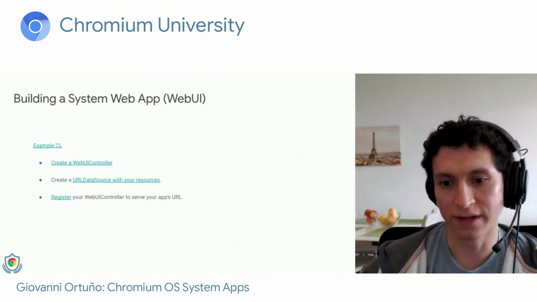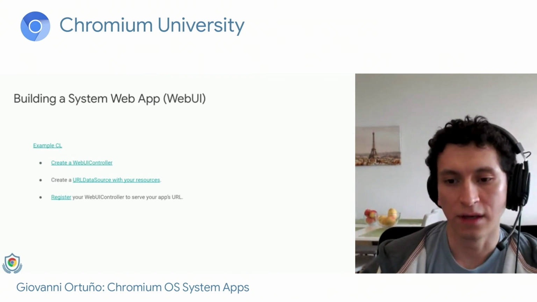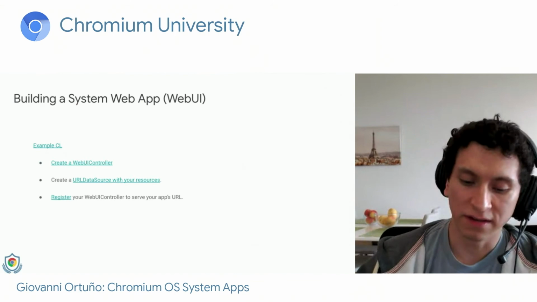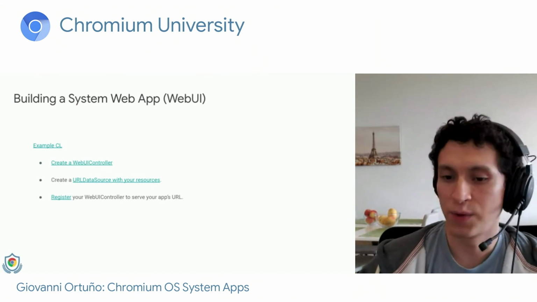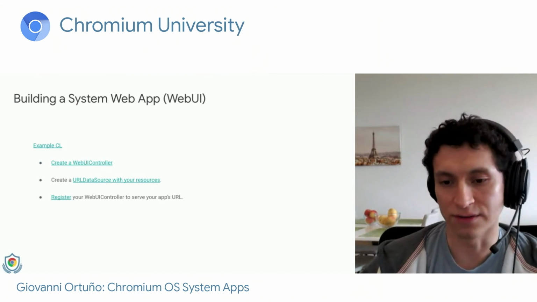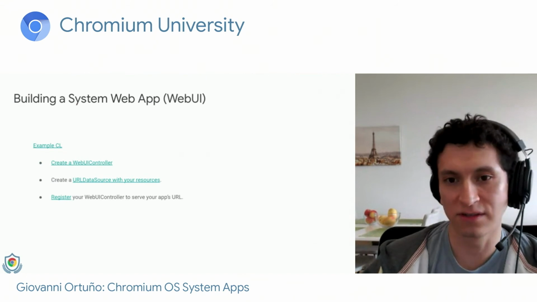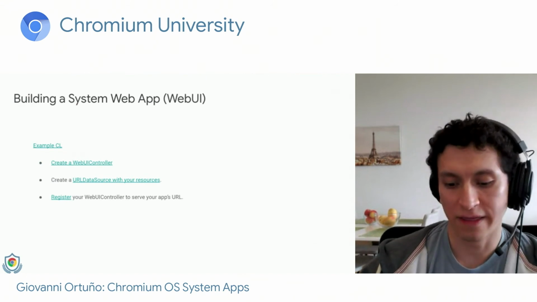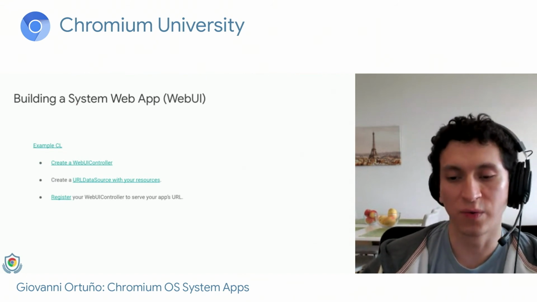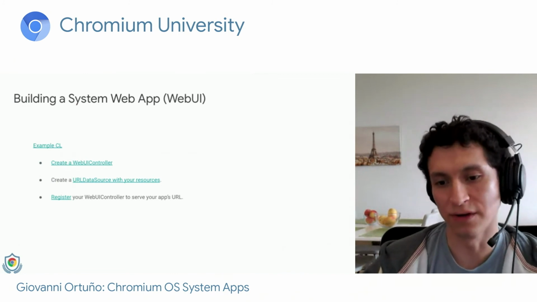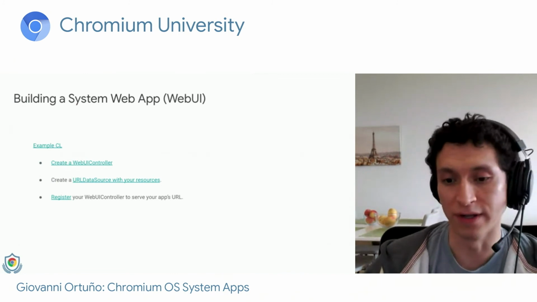So the web UI part. The two big pieces of web UI are the web UI controller and the URL data source. The web UI controller is just a class that gets constructed when someone navigates to the Chrome URL.